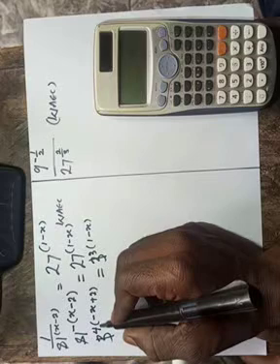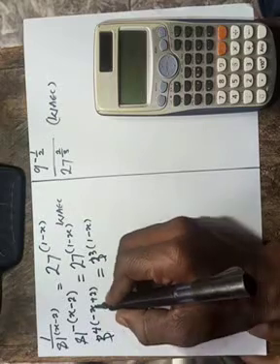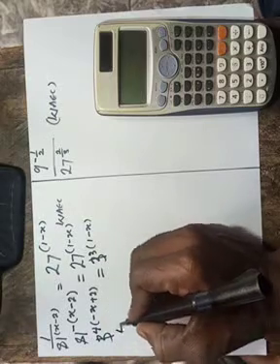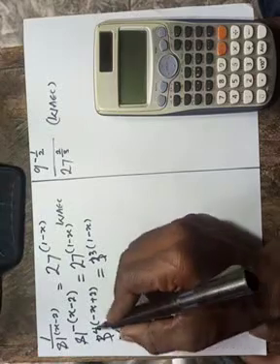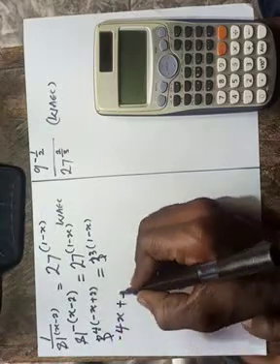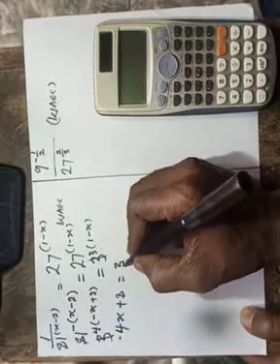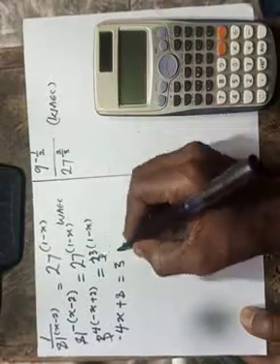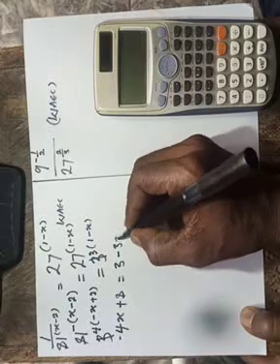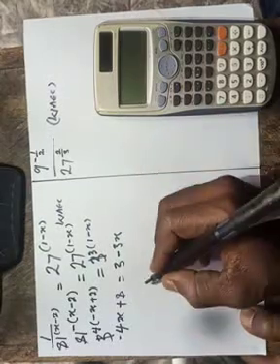If we are dropping the power, let's do the expansion. This multiplied by this, that's minus 4x. Then this multiplied by this, that's plus 8, equals to 3 multiplied by 1, that's 3, and 3 multiplied by minus x, that's minus 3x. So we collect like terms.